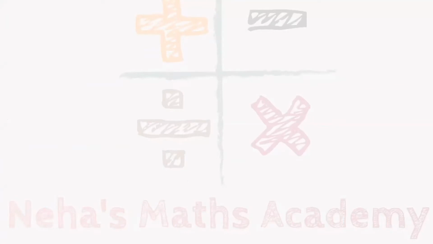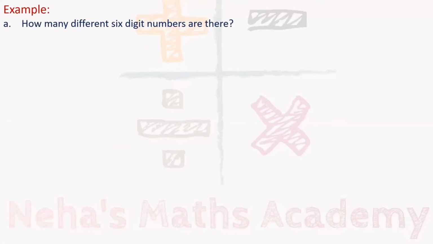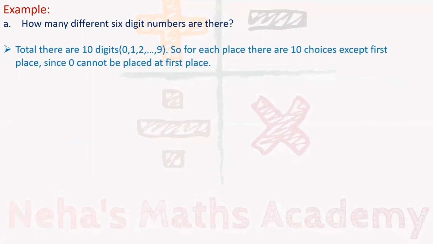Our next example is, how many different 6-digit numbers are there? So here we can use all the 10 digits, 0 to 9. For each place, there are 10 choices except the first place, since 0 can't be placed at the first place.